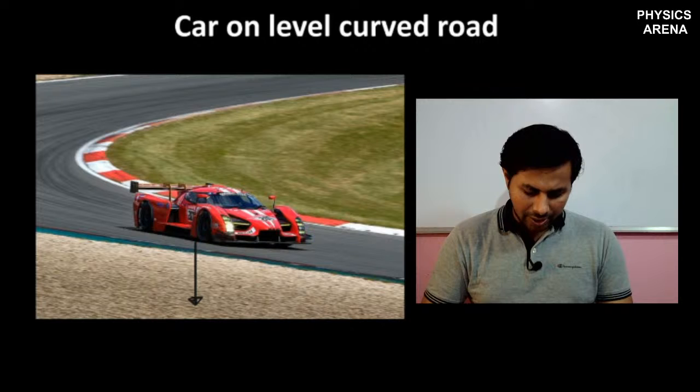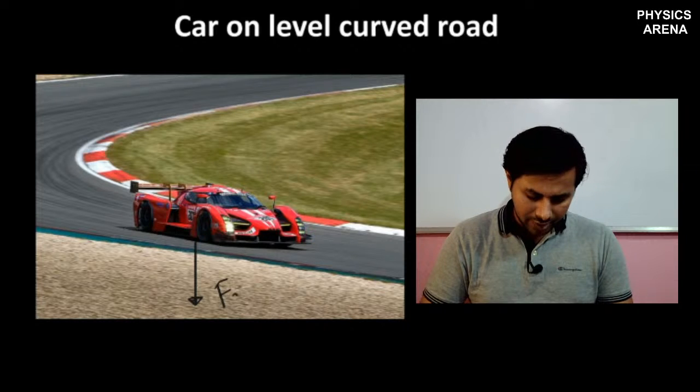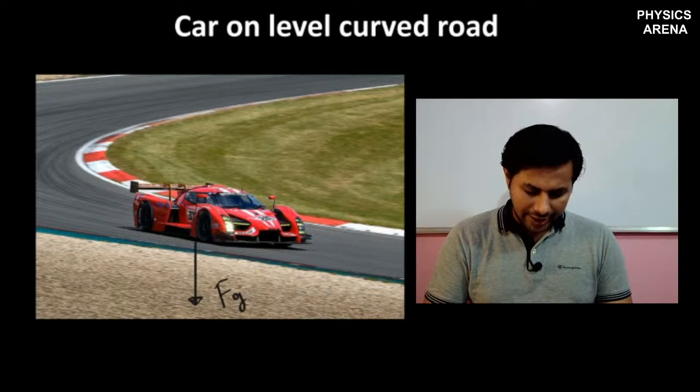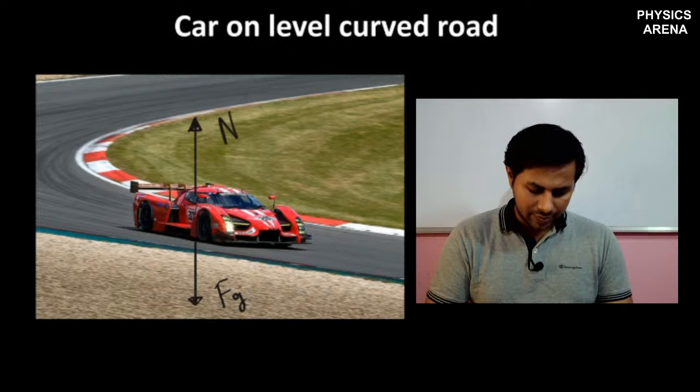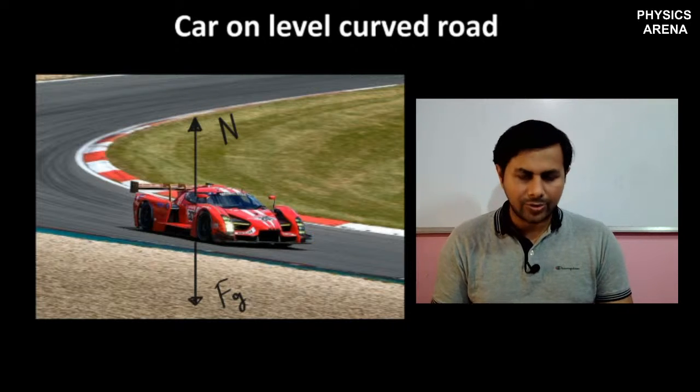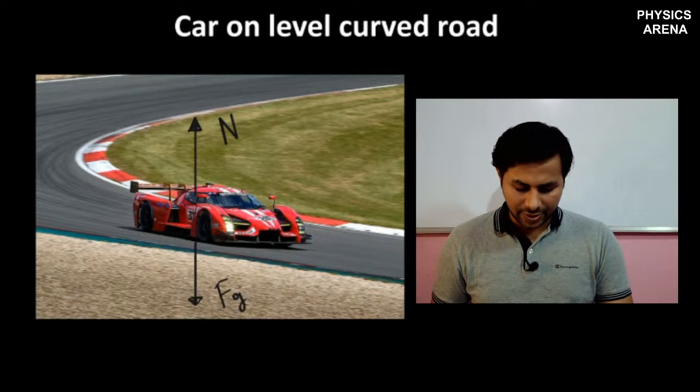So this is gravitational force F suffix g, and there is normal reaction due to the road which acts upwards. So there is gravitational force and there is normal reaction.